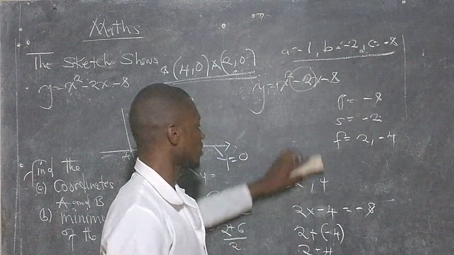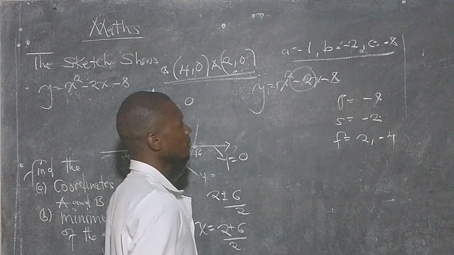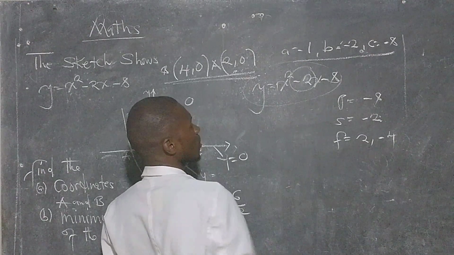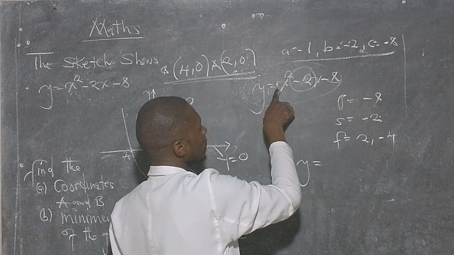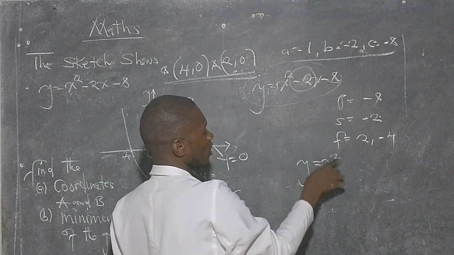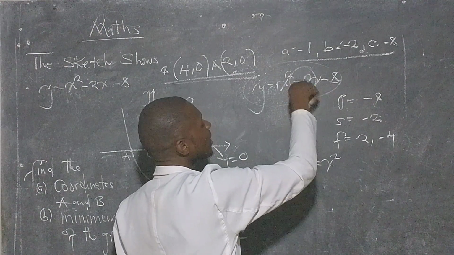Then after finding the factors, the second step we are going to do is to use the same equation. We'll say y is equal to x to the power 2. While there is this negative 2, it will be replaced now.